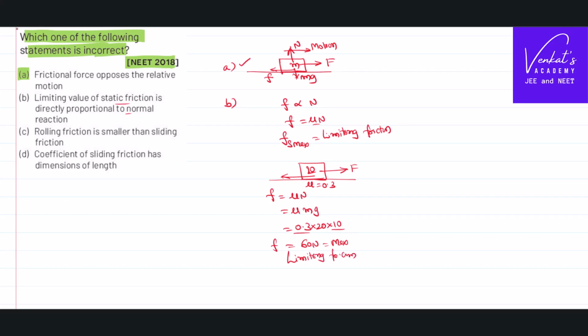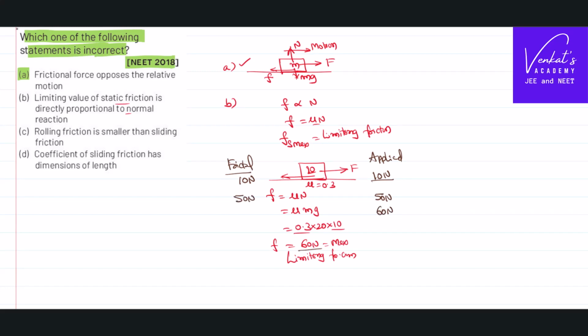So if you apply a force of, say for example, 10 Newton, what happens to the frictional force? Applied force is 10 Newton, then the frictional force self-adjusts itself. It won't become 60 Newton, but it becomes 10 Newton. Both of them cancel and the body remains in the state of rest. When the applied force is 50 Newton, frictional force also becomes 50 Newton.